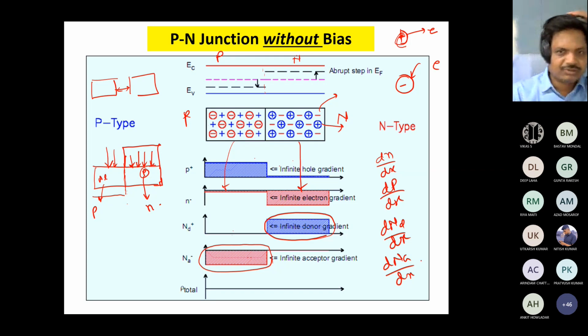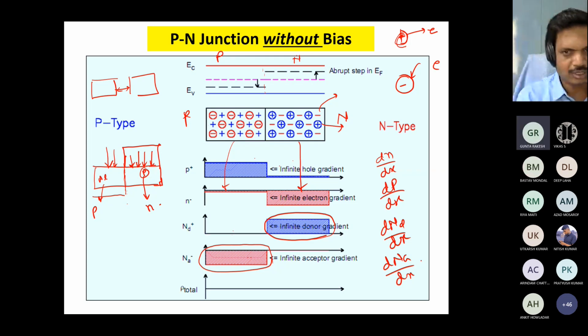Can you tell? There is some flow of current. Holes from P-type can flow into N-type semiconductor, and electrons from N-type semiconductor flow into P-type semiconductor. Good.